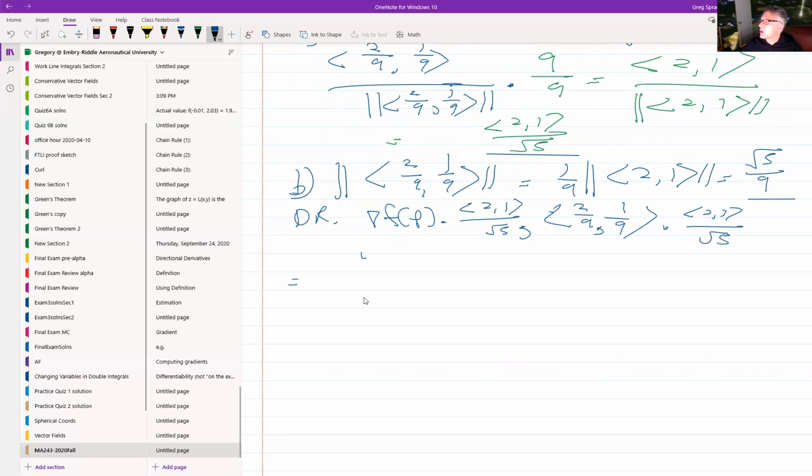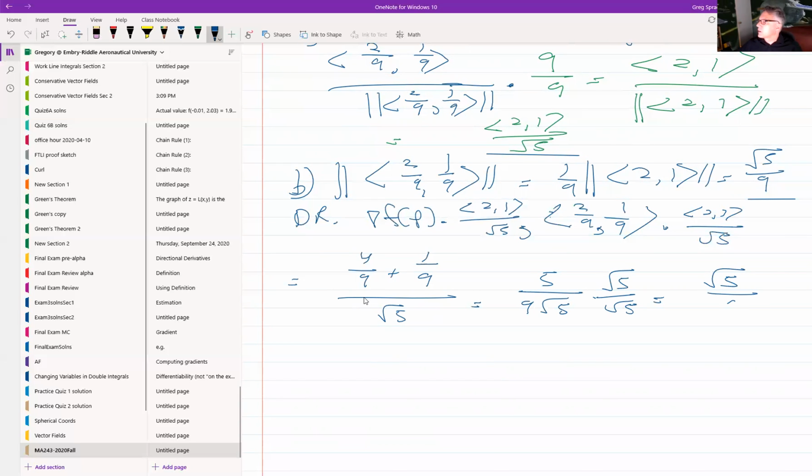Now, when you do this dot product, you get 4/9 plus 1/9 over radical 5, which is 5 over 9 radical 5. And you can simplify that, and you end up with radical 5 over 9. So that's doing it the long way.